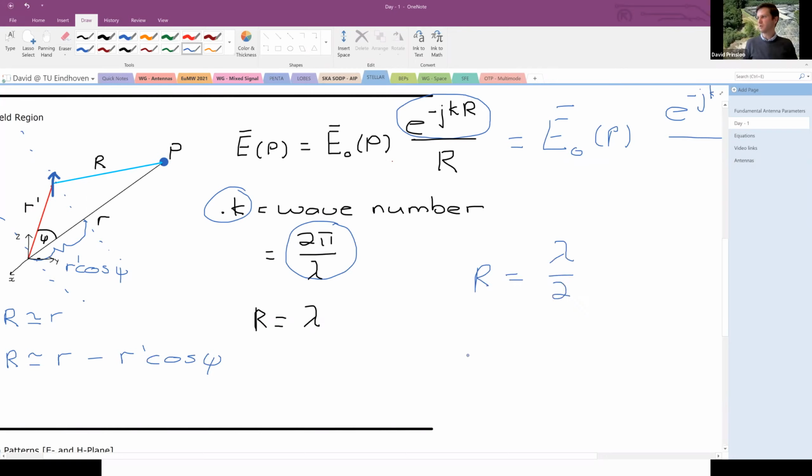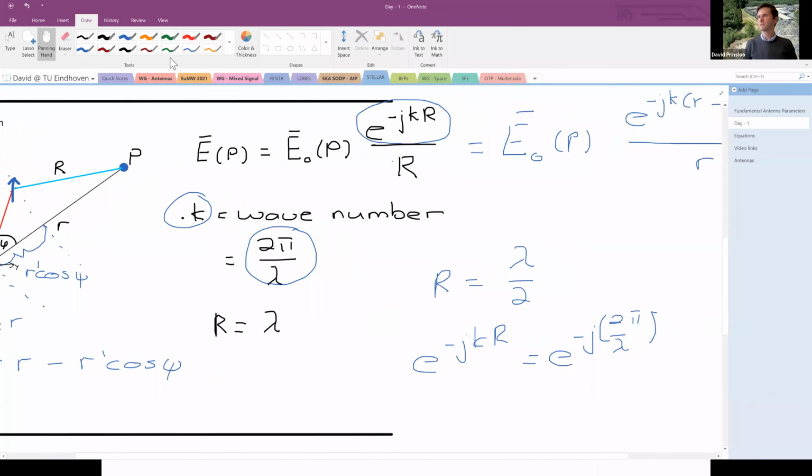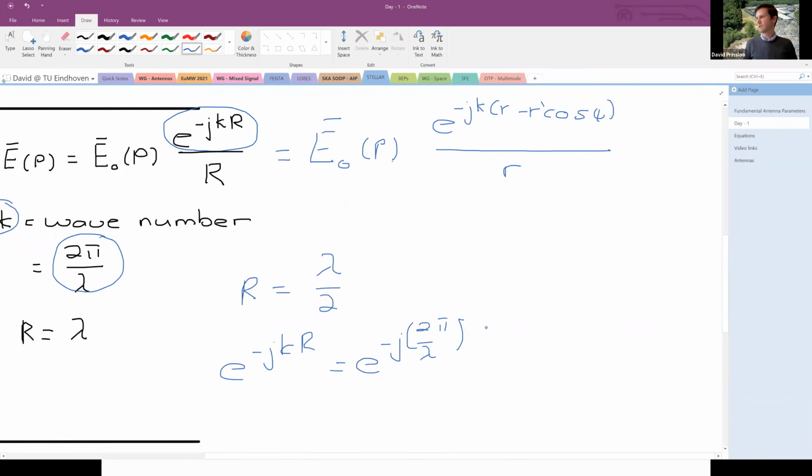So the phase term, e to the power minus j k r, is then equal to e to the power minus j 2 pi over lambda multiplied by lambda over 2, which is just equal to e to the power minus j pi. And this term translates to 180 degrees.